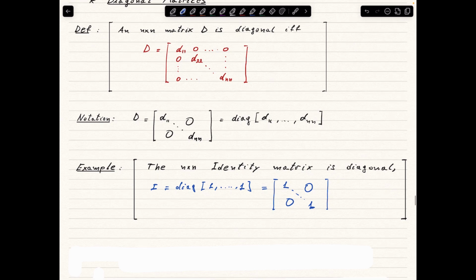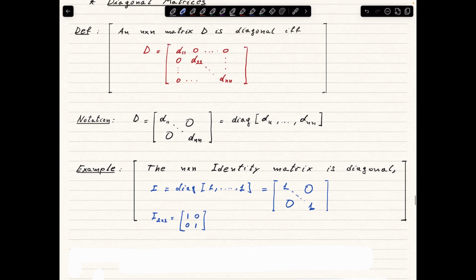For example, in the 2 by 2 case, the identity is nothing more than 1, 0, 0, 1, a diagonal matrix that has 1 in the diagonal. A diagonal matrix is a more general type of matrices where we allow any value on the diagonal.